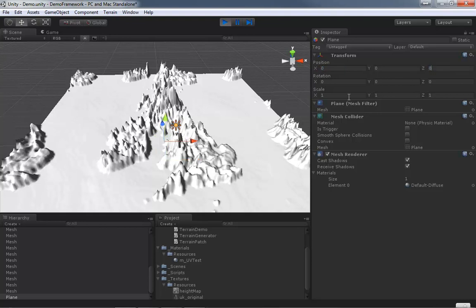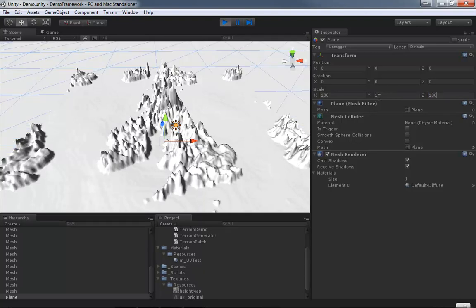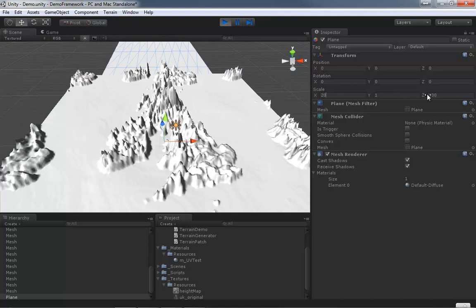So if I center this up, and let's multiply this by 100 by 100. Well, that's probably a bit too big. I have no idea how that's drawing.